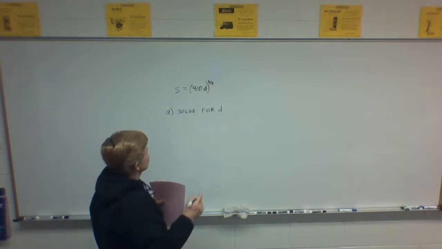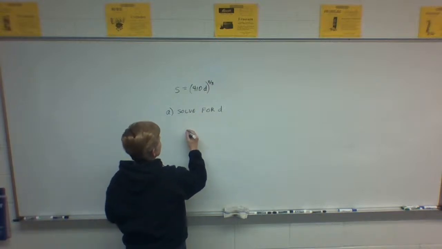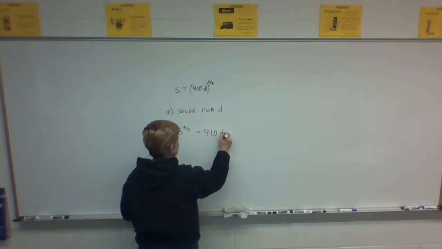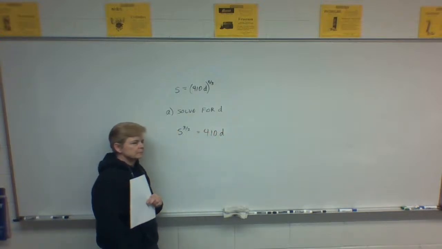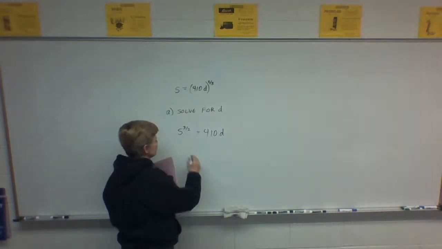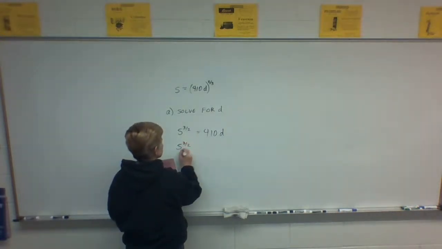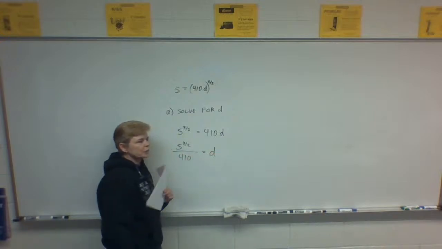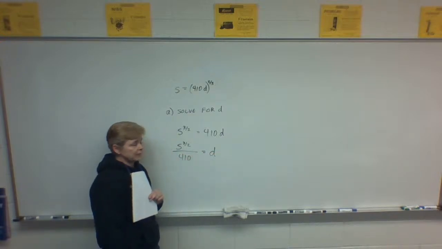So to solve for D, to accomplish that, you would go, first of all, S to the 3/2 equals 410D. Do you understand that move? You do? Okay. And then it would be S to the 3/2 divided by 410, that is D, and that's what you would put in the blank. Solve for D means get D by itself.